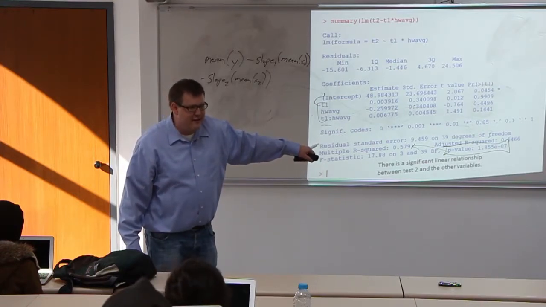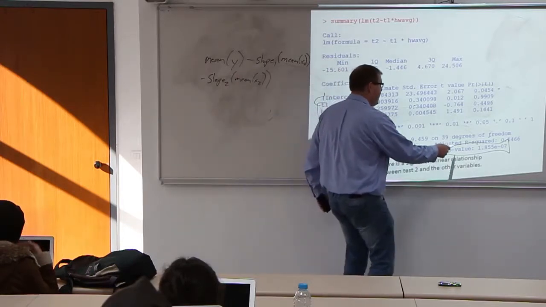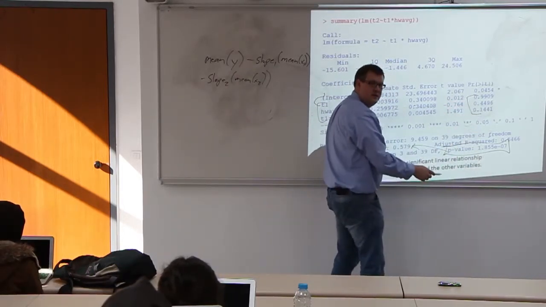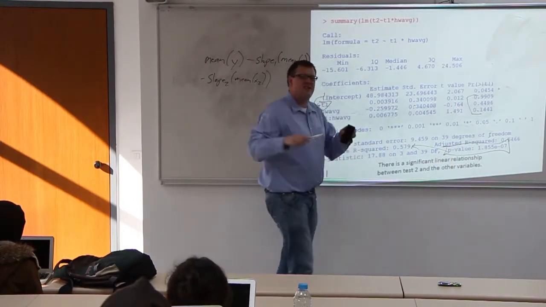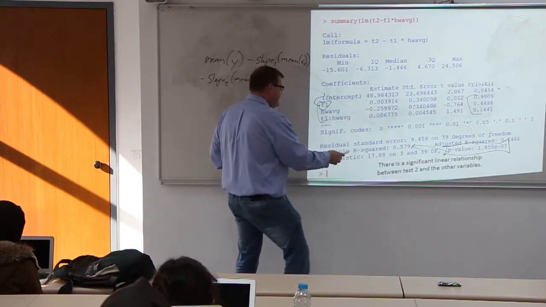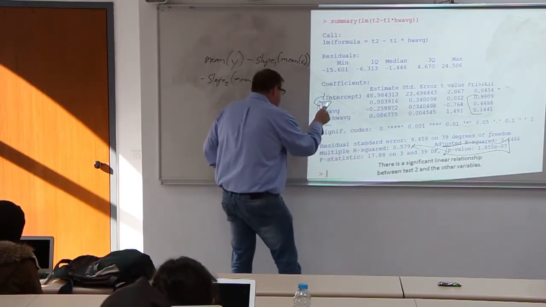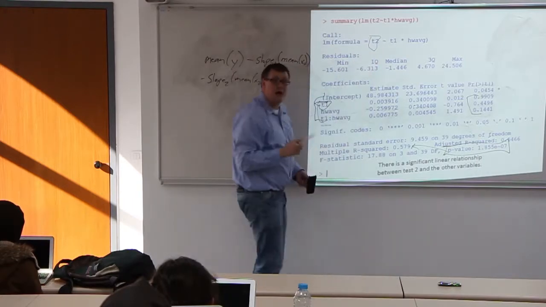That's kind of weird. This is significant, but none of these are, right? This is the linear relationship between test 2 and this, well, the unique part. So what we have is that these variables are predicting test 2, but not in a unique way.